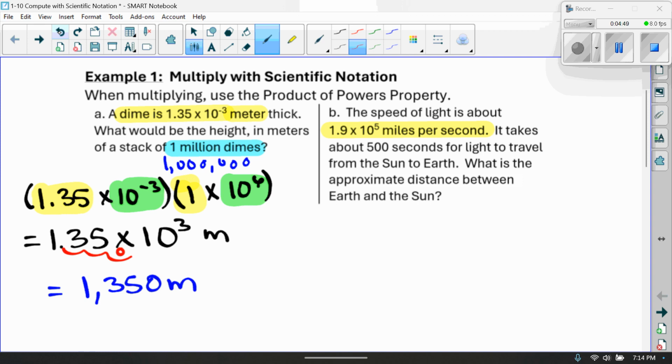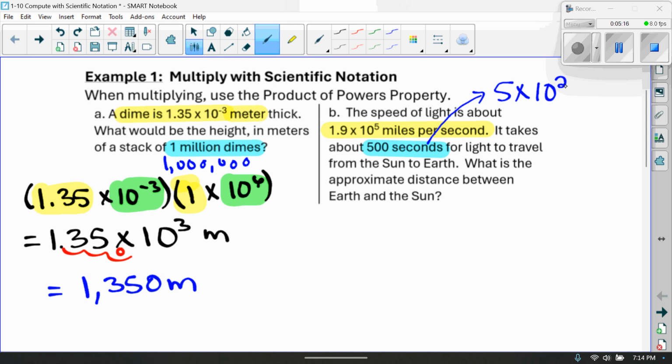Now, it says it takes about 500 seconds for the light to travel from the sun to the earth. 500 seconds, if I want to write that with scientific notation, is 5 times 10 to the second power.